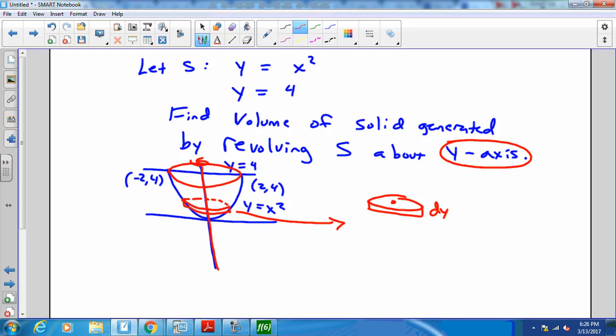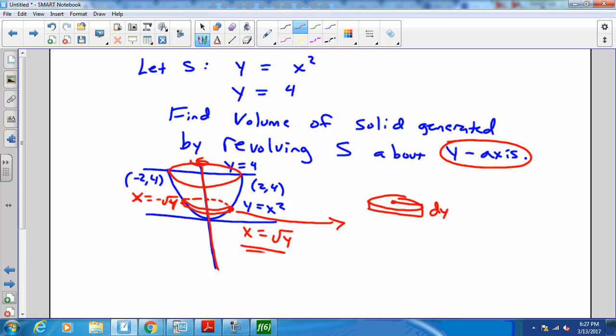And if we take a cross-section that is perpendicular to the axis of revolution and pull it out, what we have now is a disk whose height is dy and whose radius is going to be curve minus axis. But my curve now needs to be defined in terms of x as a function of y. So let's take our y equals x squared and rewrite that as x equals the square root of y.